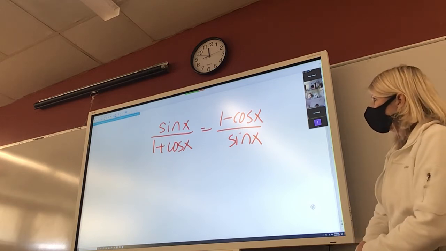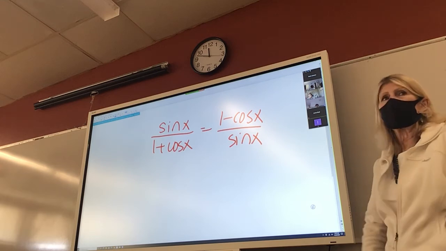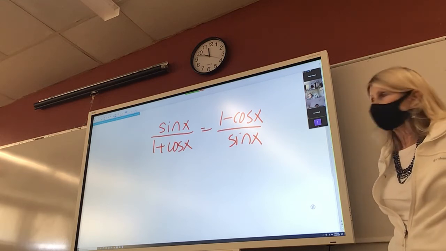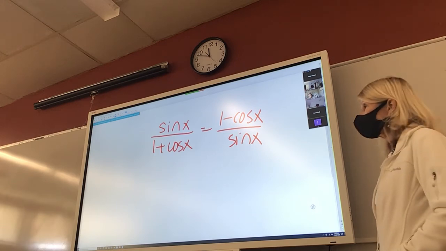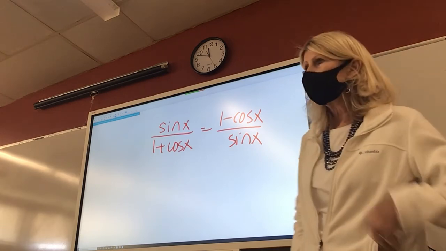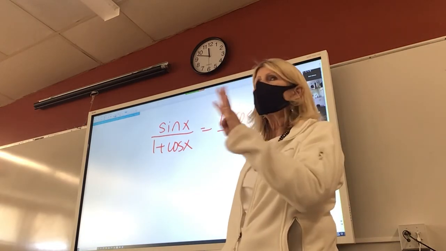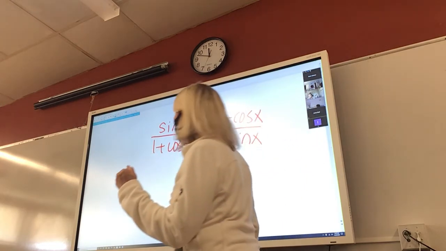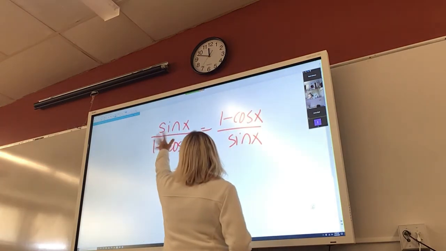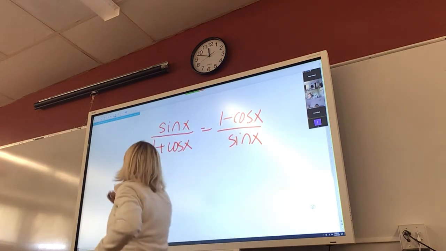Second thing is, I look to make a trig substitution. There's nothing I could substitute in trigonometry wise. I then look to see if there's any identities or anything I could simplify. There's nothing I can do. So this is going to case 4. You don't do this very lightly. This is like the last resort, okay? So I'm going to choose the left-hand side, and I'm going to make it look like the right-hand side.